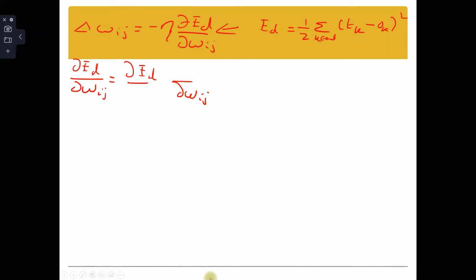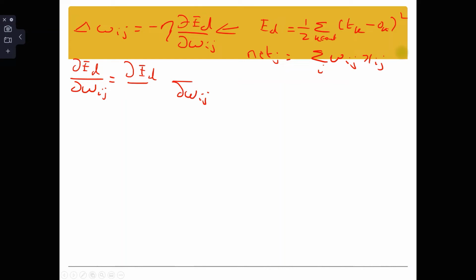If you recall, I was saying that w_ij influences the network only through net_j. I guess you will remember that net_j is equal to the sum over i of w_ij x_ij.